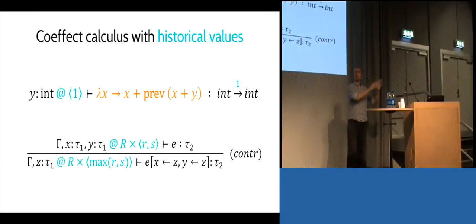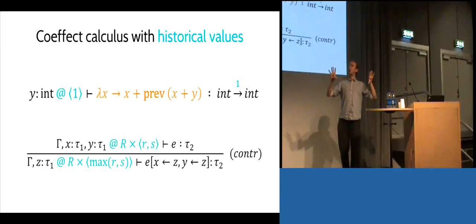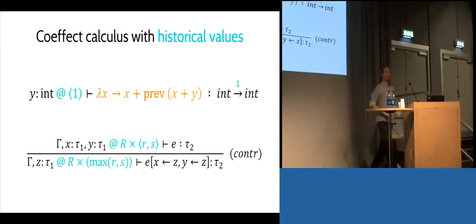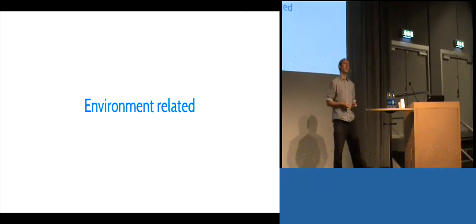It means we take the historical values and pass them to both of the variables. So that's just an example showing you two different systems that both fit in this very nice uniform scheme. And these two examples are both related to variables, because we were tracking how many past values did we need for every single variable.